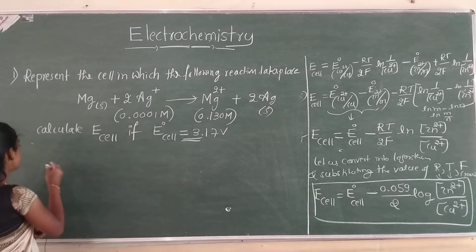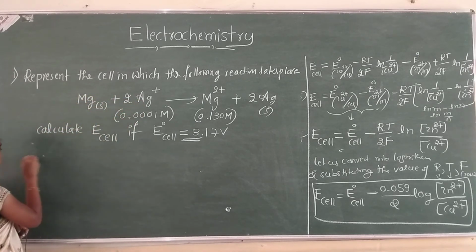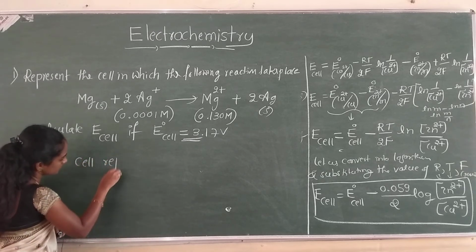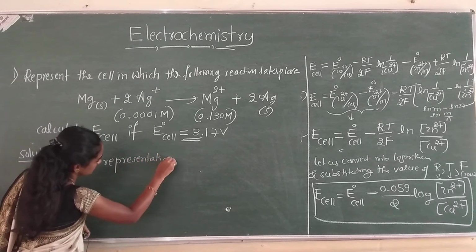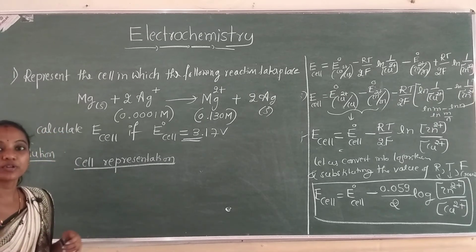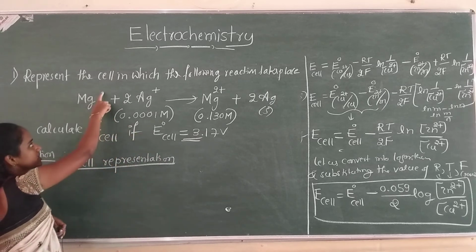Let us write, or before that let us represent the cell. So, cell representation. On the left hand side we have to write the negative electrode, in the sense the oxidation.